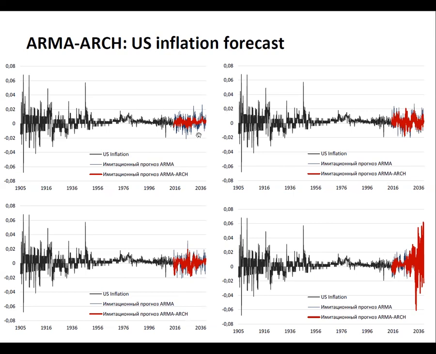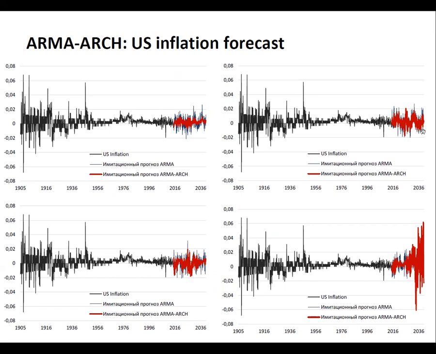This is essentially equivalent to kurtosis modeling. Somewhere a situation is obtained when the spread is approximately the same. But at the same time, ARMA plus Arch has a non-constant dispersion over time. That is, at first small, then some kind of sharp splash.